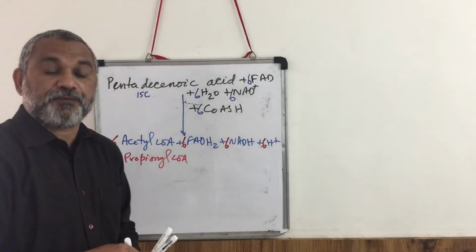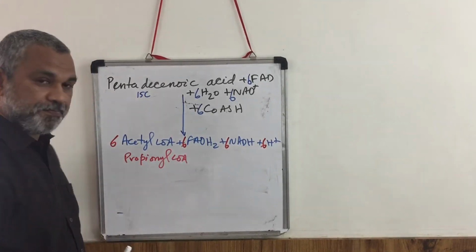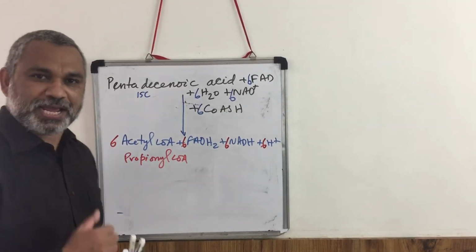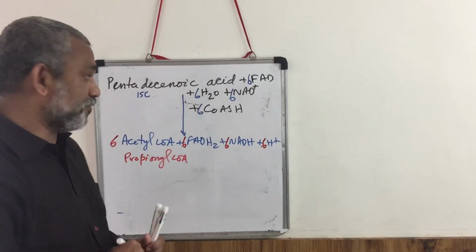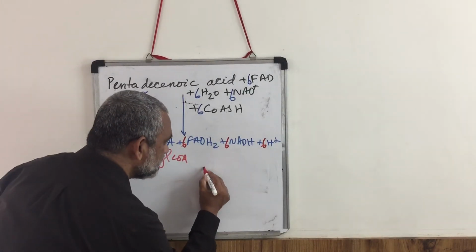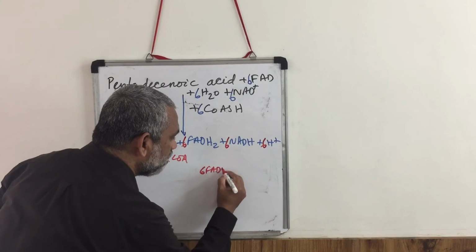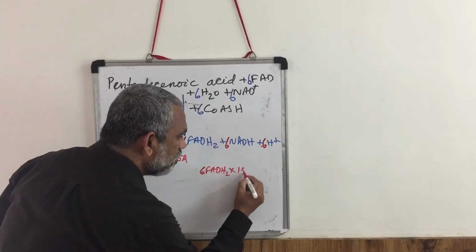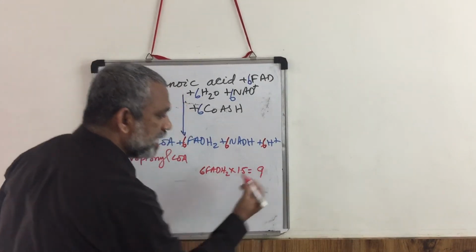So this is the final stoichiometry. Let us immediately calculate the energy yield from this. If we have 6 FADH2, that is into 1.5, that is 9 ATP molecules.